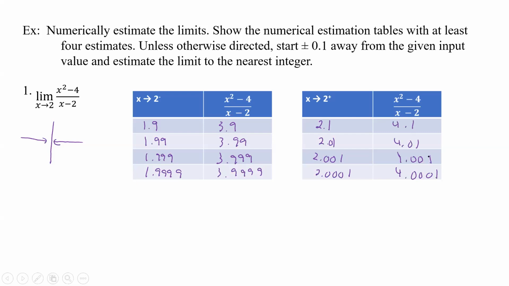So what does that tell us? Well, it looks like as we approach 2 from the left, we're going to approximately 4. And as we approach 2 from the right, we're going to approximately 4.